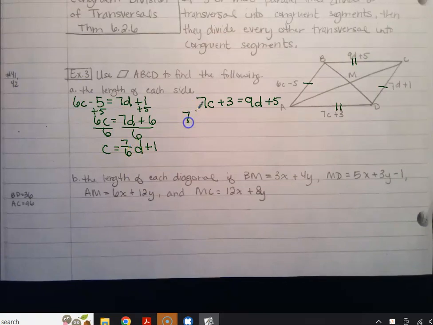So we're going to have 7 times 7/6 d plus 1, plus 3, equals 9d plus 5. Does that make sense? It looks a little hairy, but let's solve it. What's 7 times 7/6? It's not 49 over 42, because this is 7 over 1.